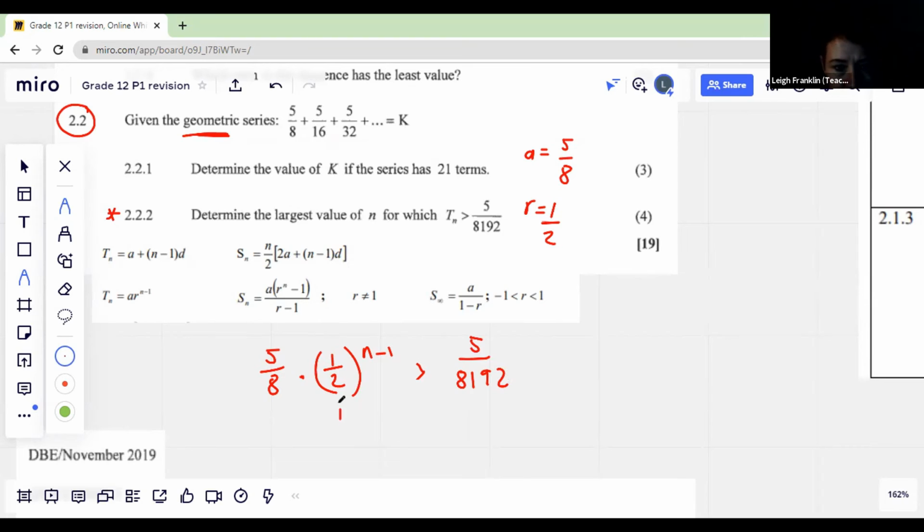I agree, Sake. That's what I got as well. Yes, Neopitseng, I agree. So 1 over 2 to the n minus 1 has to be greater than 1 over 1024. Now what?